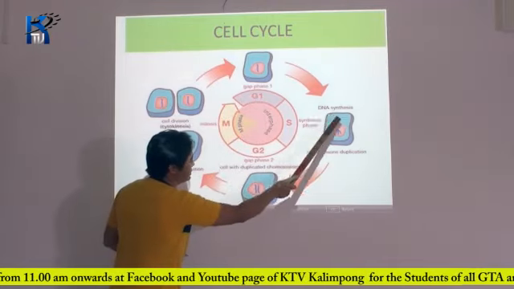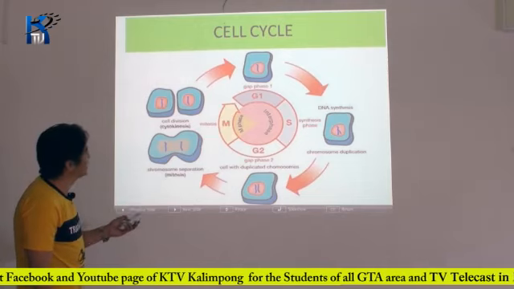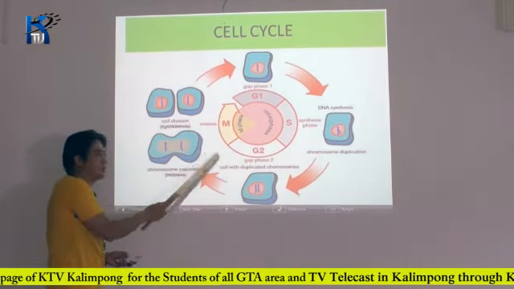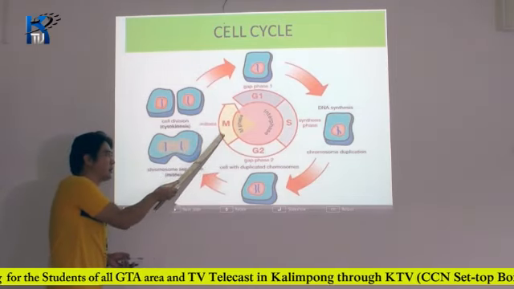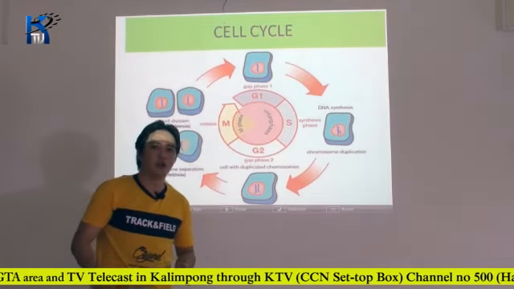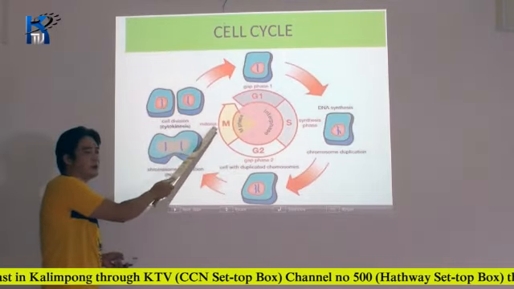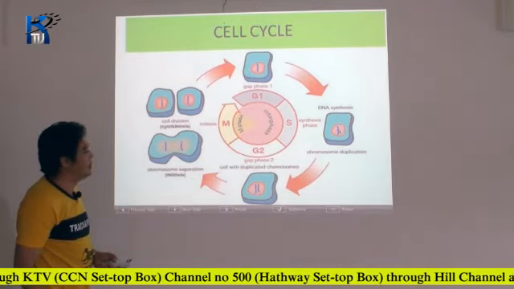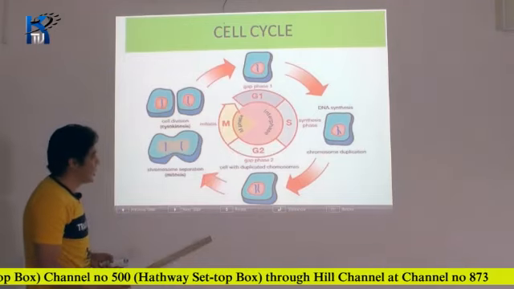S phase मा चाहिँ DNA बनिँदो रहेछ. र after G2 or interphase G2 phase सकेर चाहिँ त्यो सेल चाहिँ पस्नु पर्छ नेक्स्ट लेभलमा, that is multiplication phase, which may be of mitosis or meiosis phase.